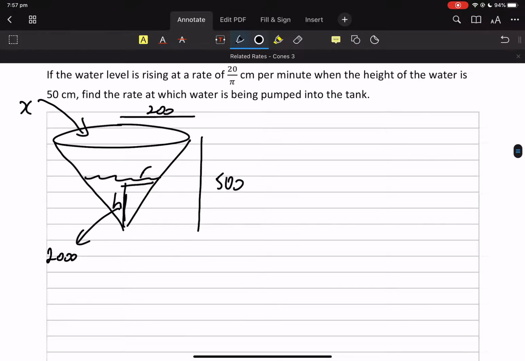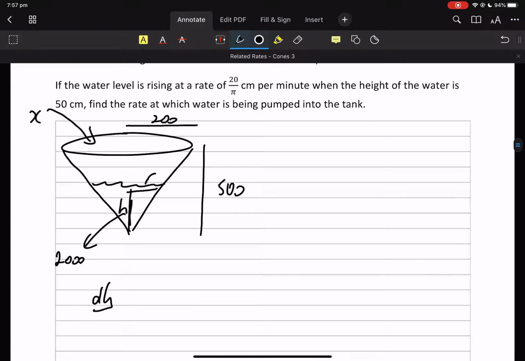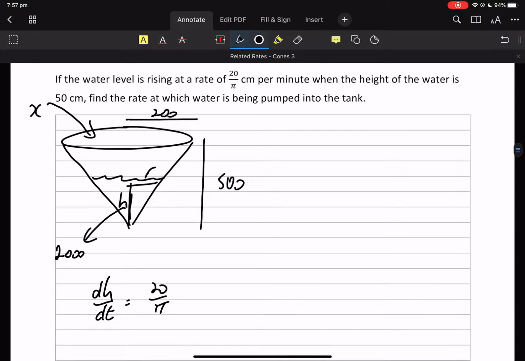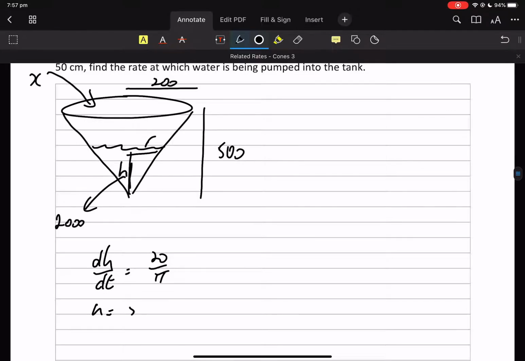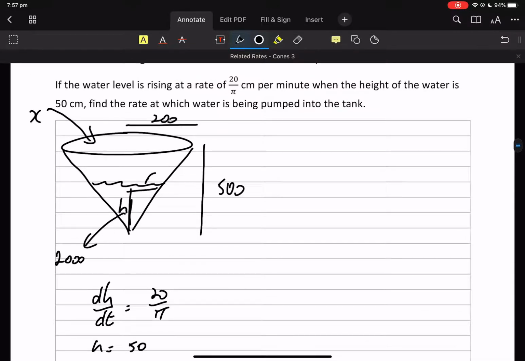So let's just call that dh/dt is 20 on pi, and that's happening when the height of the water is 50 centimetres. So that's when h is 50.